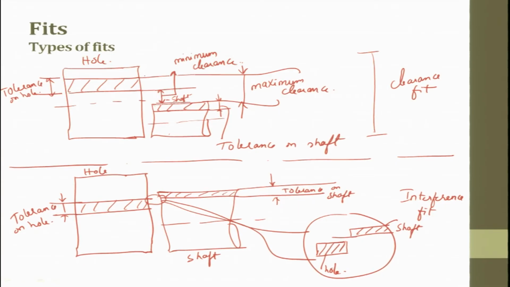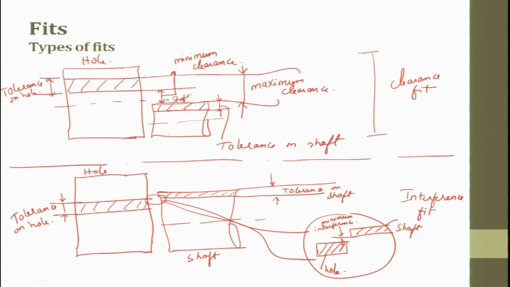The distance between these two is called the minimum interference. Clear? So, this is the minimum clearance and this is the minimum interference.